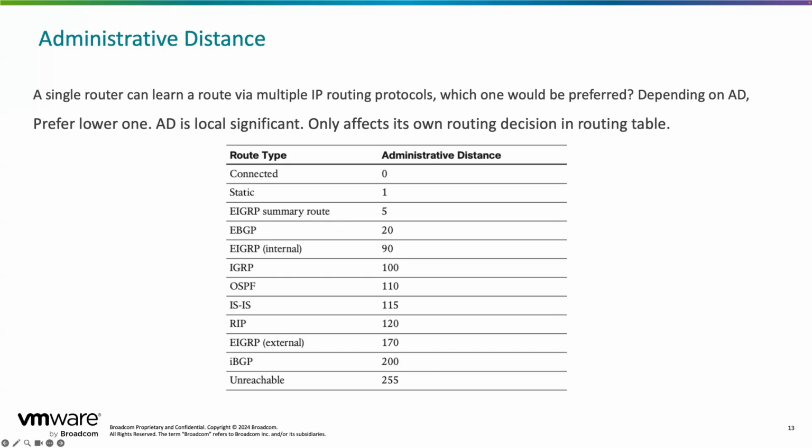So you can't directly compare these metrics or costs between different protocols, just like comparing an apple to an orange. They are two totally different things. So by using administrative distance, you can prioritize which one is the best, and it will finally be inserted into the routing table and take effect.